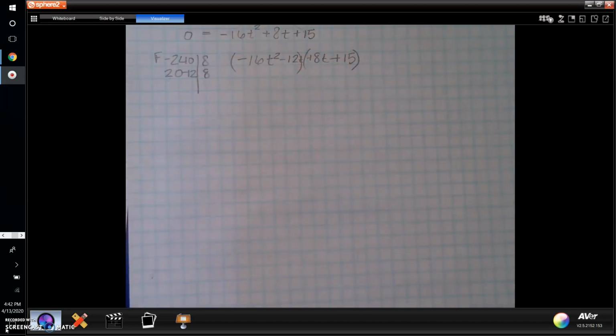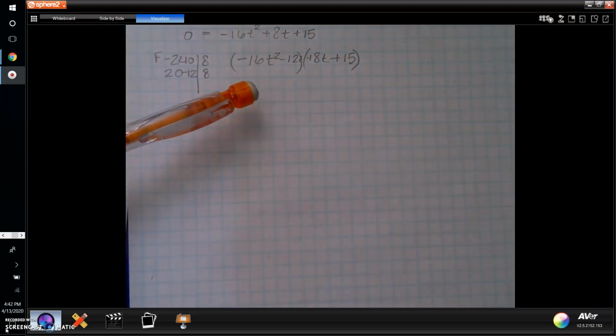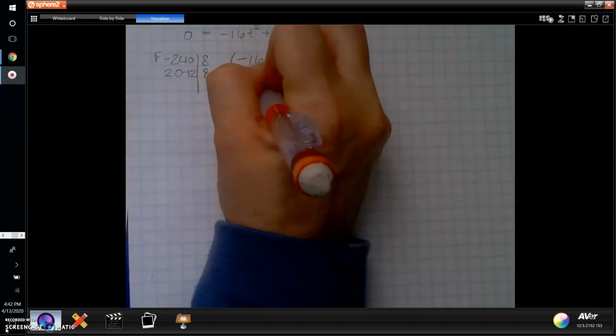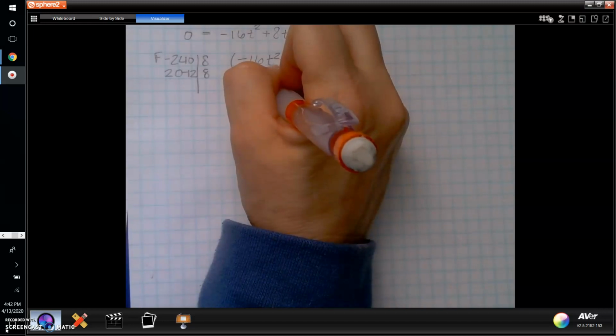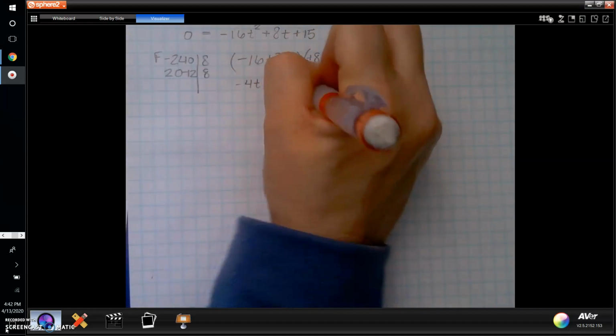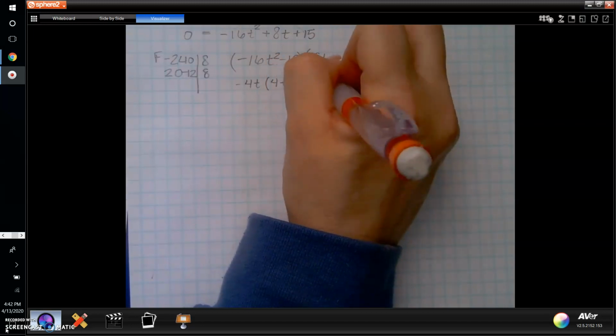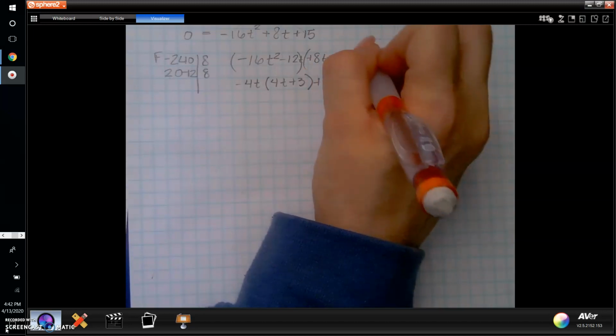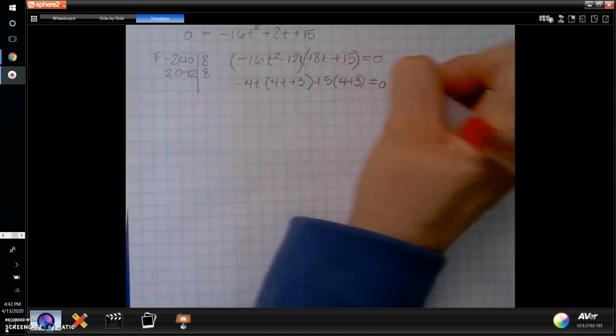Okay, now let's factor out from the first one. I can factor out a negative 4t, and then I have 4t plus 3. I factor out a 5, and that gives me 4t plus 3. And all of this is set equal to 0.